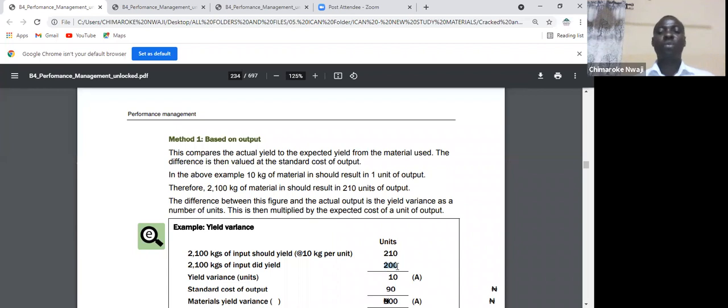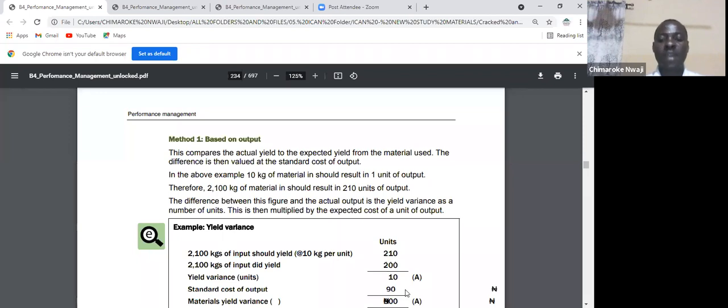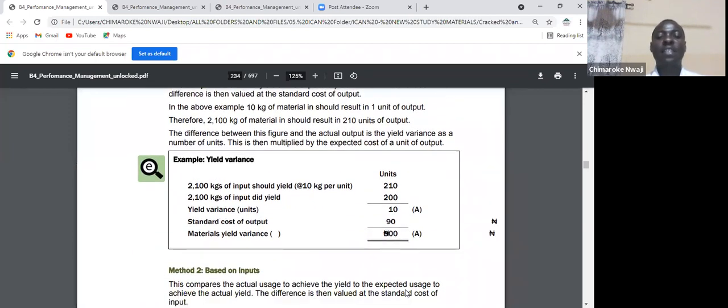No. You had a shortage of 10 loaves of bread, which is adverse. So it means you did not meet the yield that is expected of you. It's like saying this is your cutoff mark, and you went below the cutoff. That means you have 10 adverse, right? So the standard cost here is 90 naira per unit. So when you multiply by 10, it gives you 900 adverse.